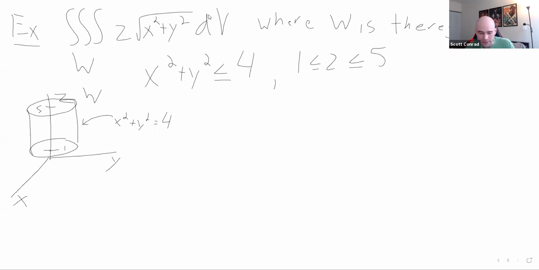Does everyone understand that bit? And then z goes from 1 to 5. So the bottom surface is z equals 1, a plane, and the top surface is z equals 5. Does everyone see this is the region W we're talking about?